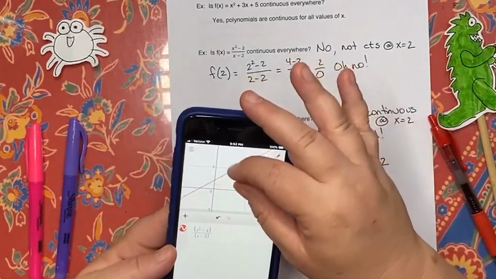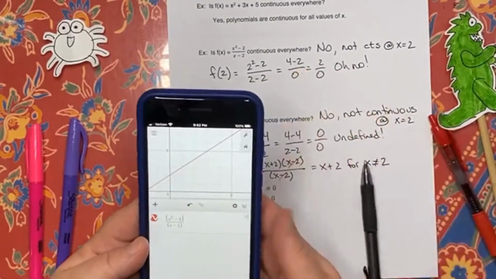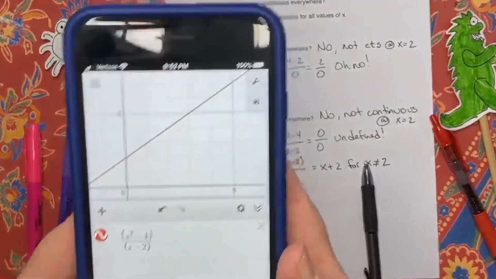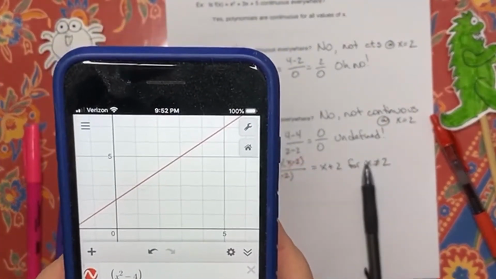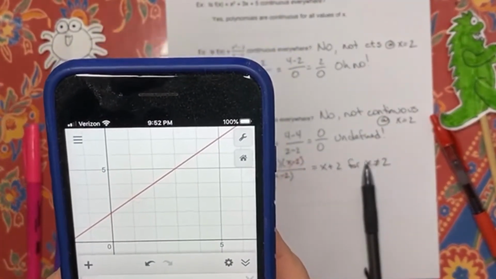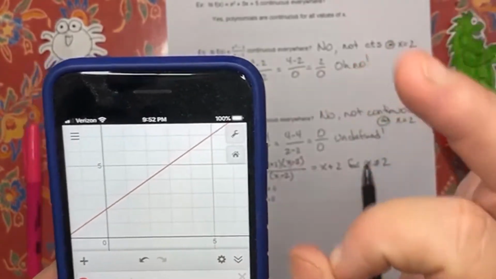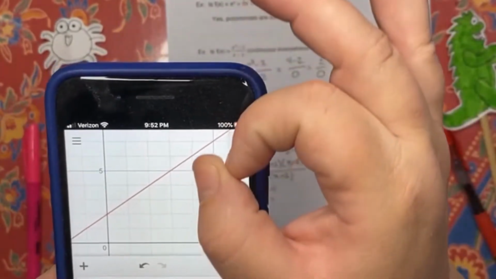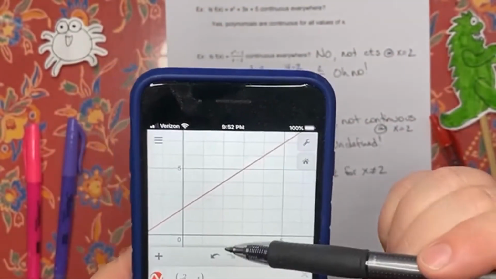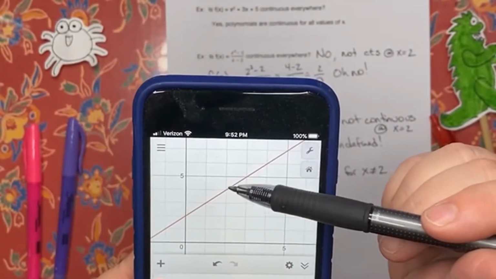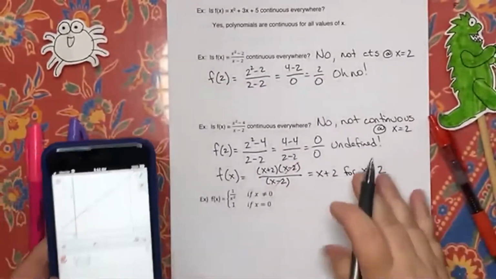Now, what's happening here is that there's one thing Desmos does not do, and that is it doesn't draw little open circles. That open circle should be right where x equals 2 right there.